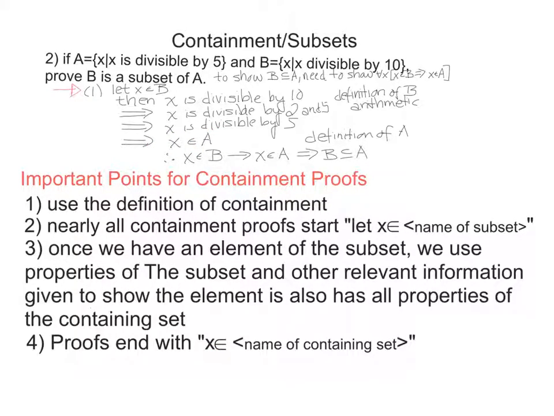Of course, if you have to prove that something is a strict subset or a proper subset, you'll also have to do the second part of the definition. Or if you have equality, you'll have to do the second part of the definition. But this is the general format or pattern that you're going to use for containment proofs.